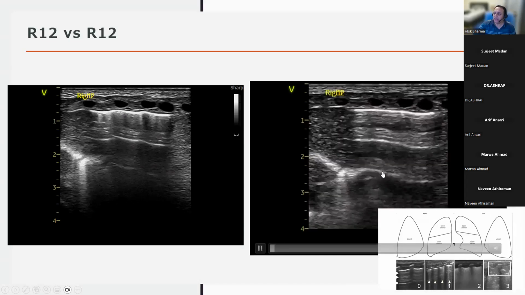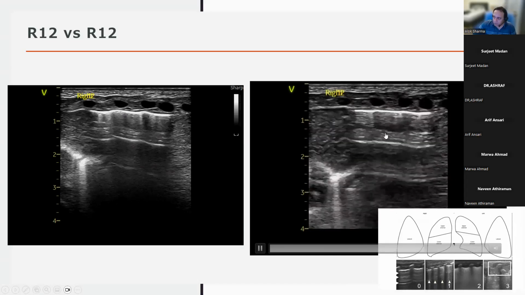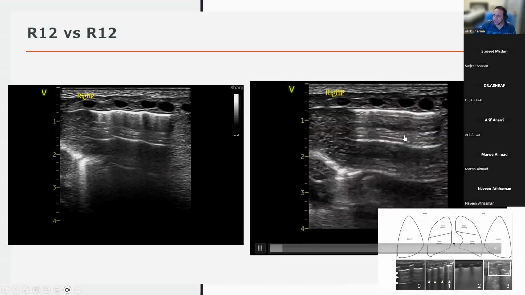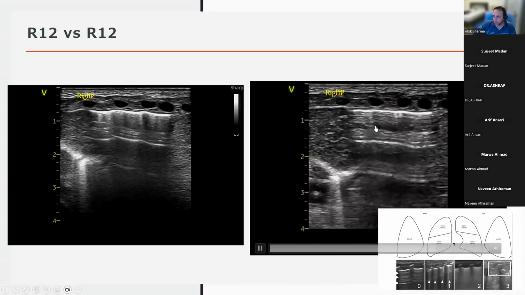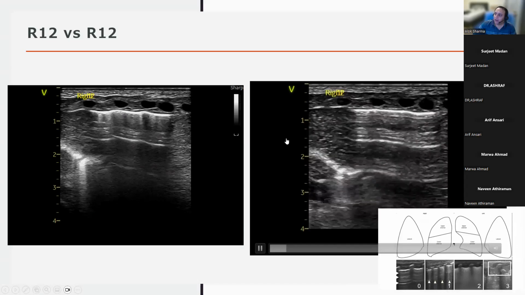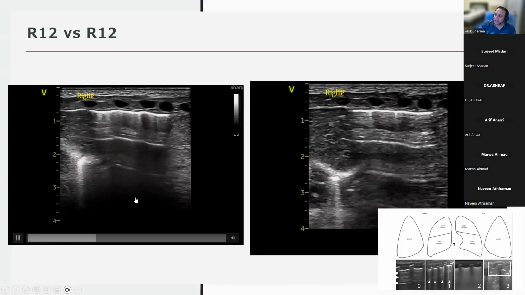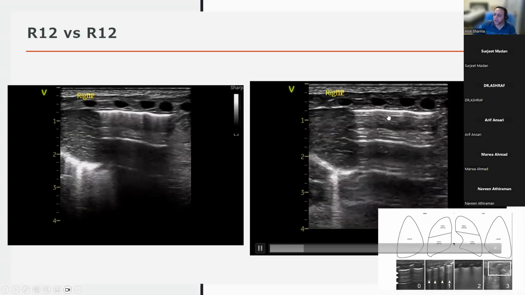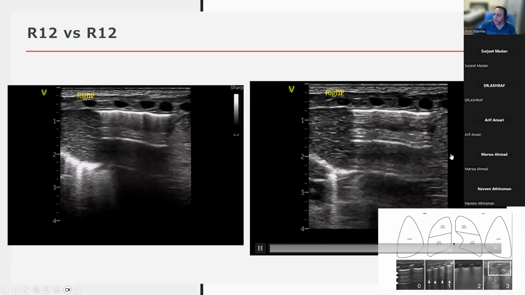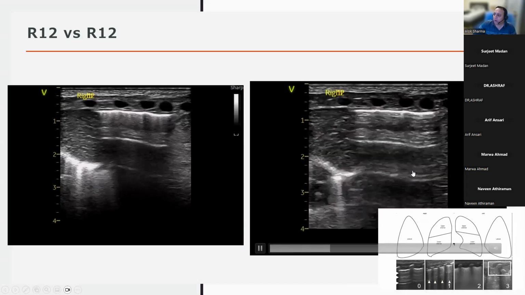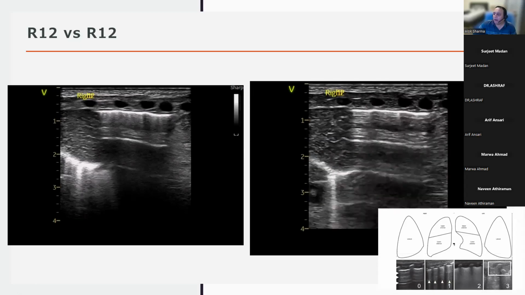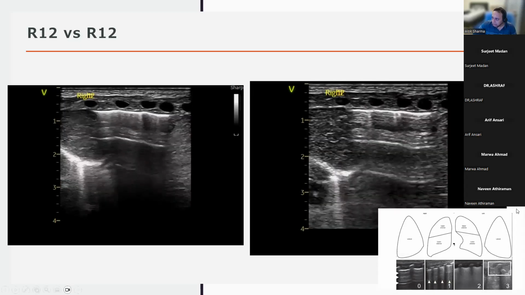It's not as if the A lines are getting attenuated. That's the beauty of using the GE machine, that the focus is auto optimized at every level. We don't necessarily need to alter the focus here because the focus is auto optimized at every depth. It might be at the compromise of resolution.